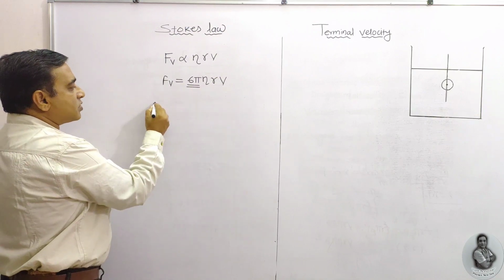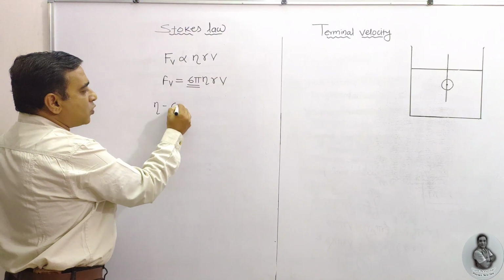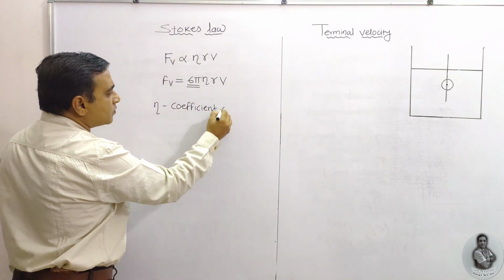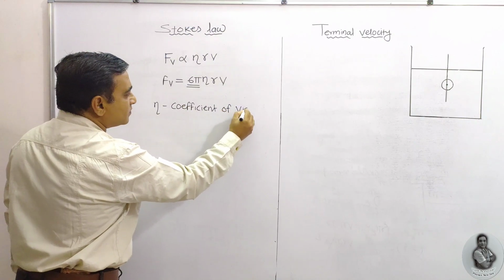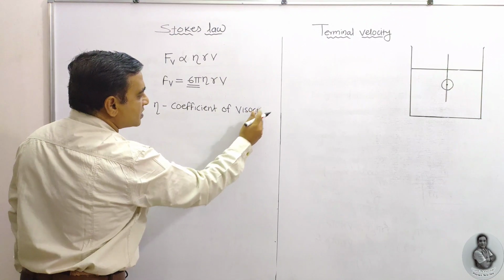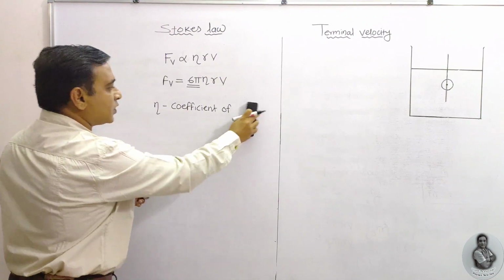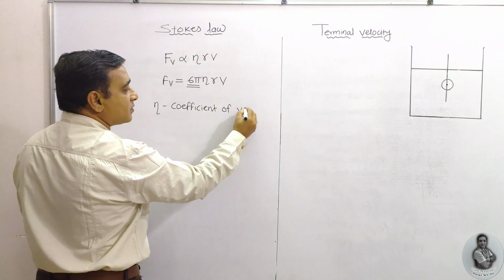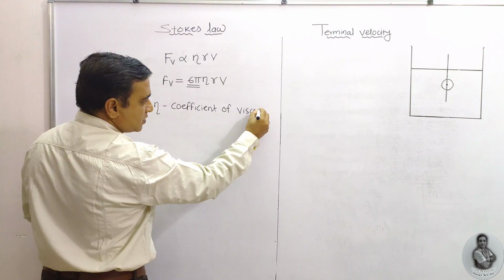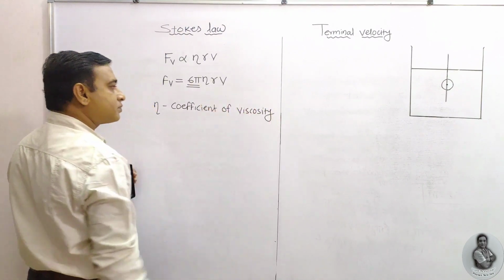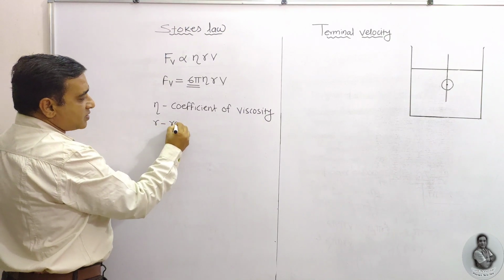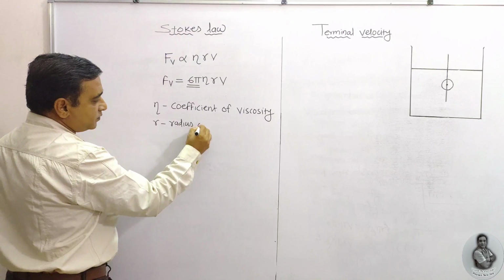In that, one by one notation: eta is the coefficient of viscosity, and r is the radius of the spherical body.